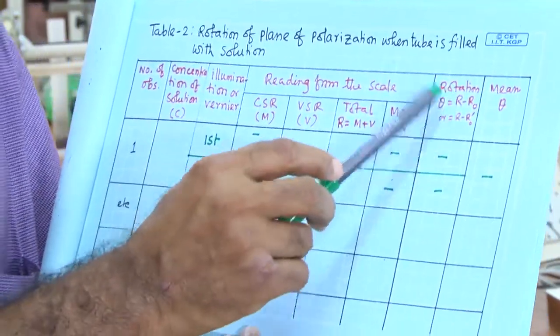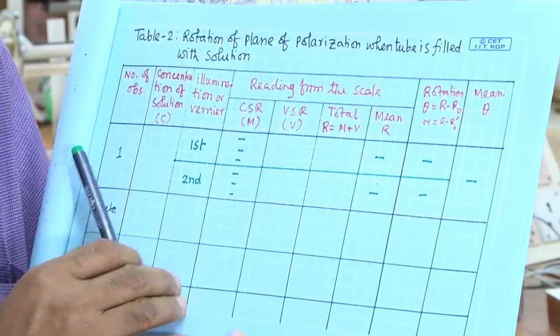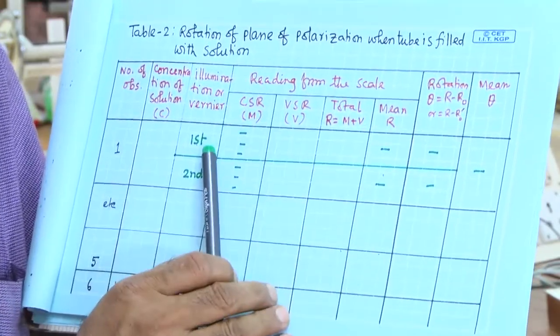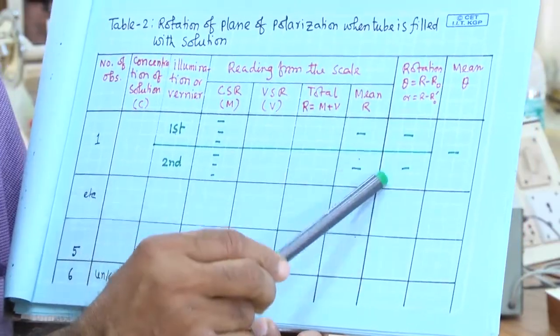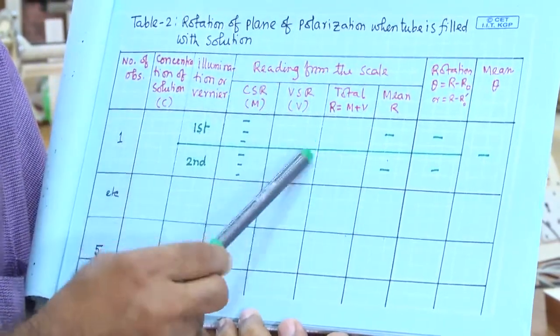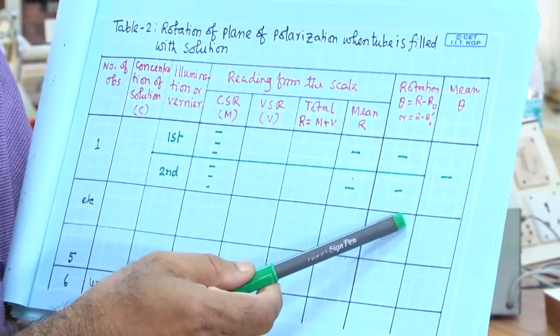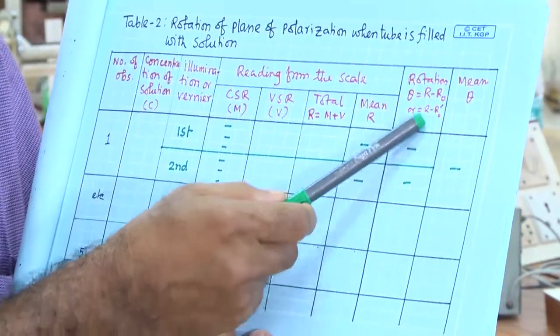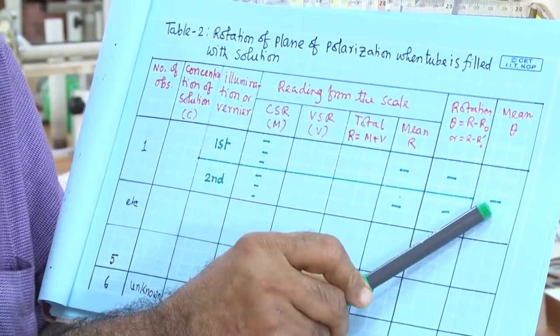Now the rotation theta will be R minus R0, and for the other case R dash minus R0 dash. They are 180 degrees apart, so whatever angle you get should be the same. The average of these two will be the mean theta for one concentration.